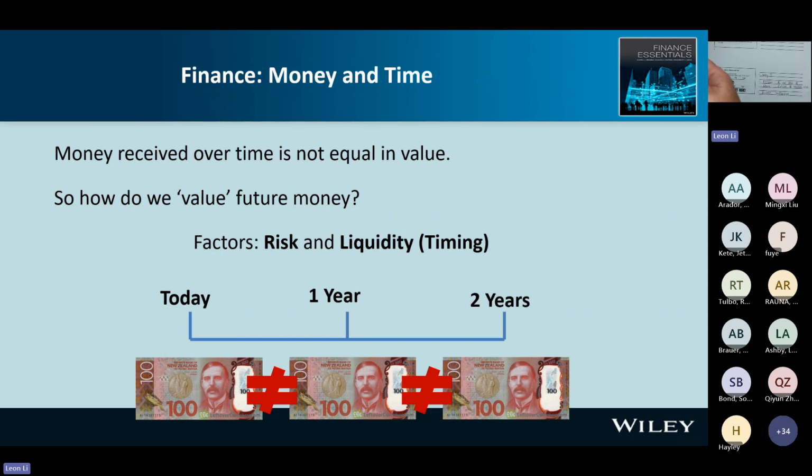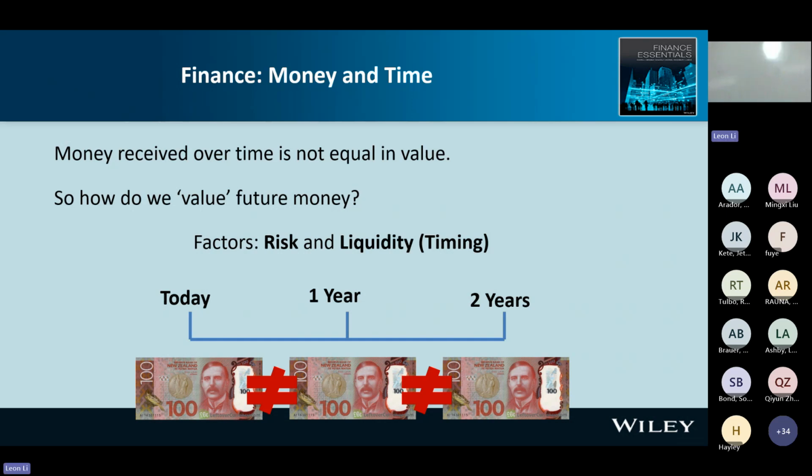Although I promise I will give you another $100 at year one or in the year 3, I might break my promise. This is a risk. For economics, they might consider inflation. Inflation is another factor. But in finance, our focus is return and risk.